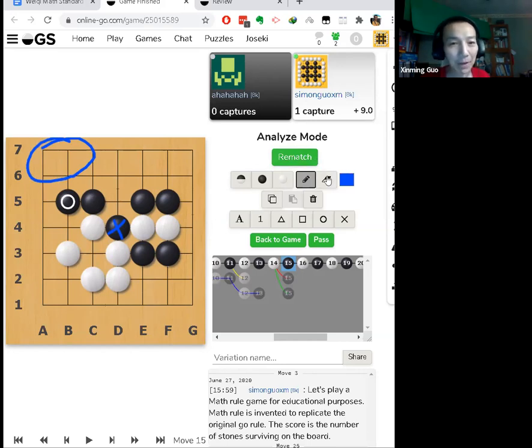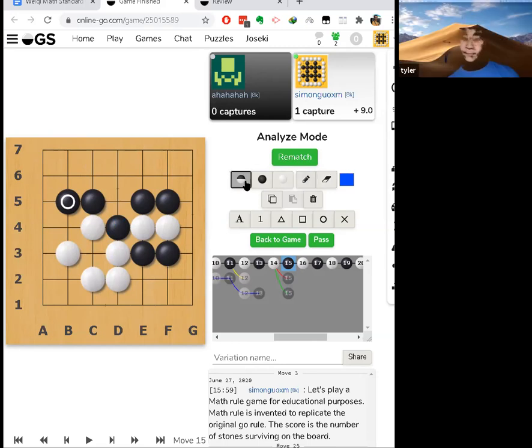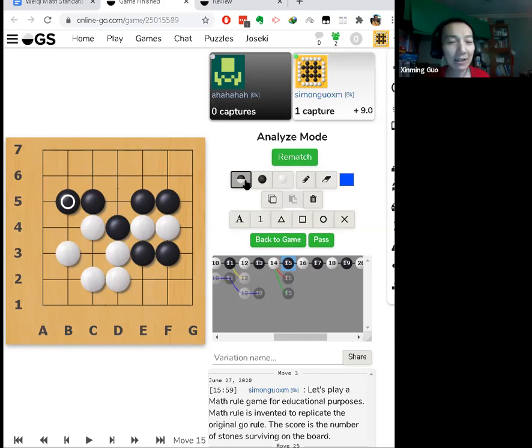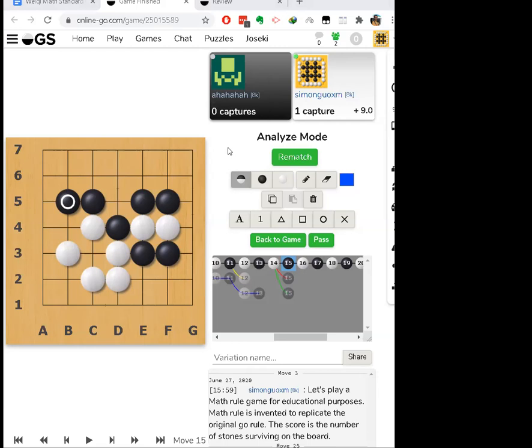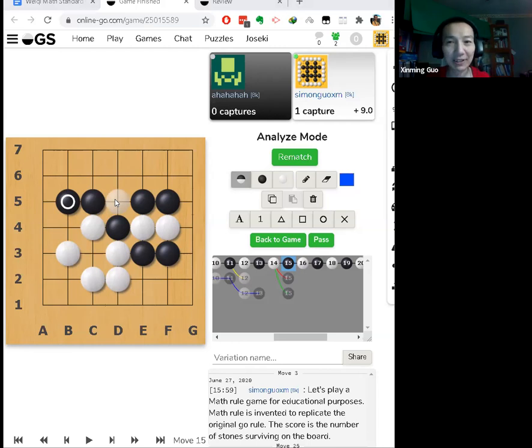Okay, but is this a good decision? Where should white play? Austin, what's your suggestion for white? D5. D5. Yes, this is so important.